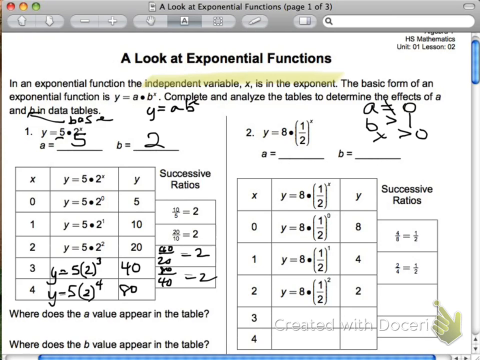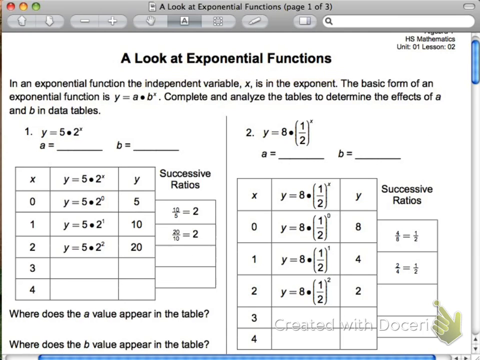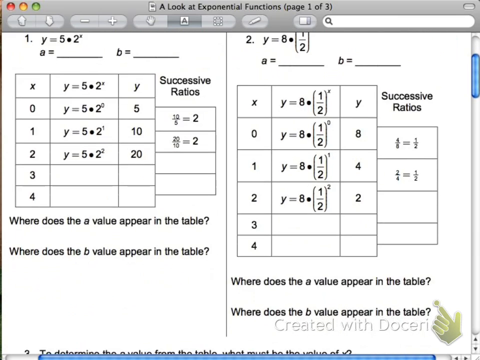What else? Where else does the A value show up? It's the starting number in our function, right? And we're looking at the A value, not the B value.